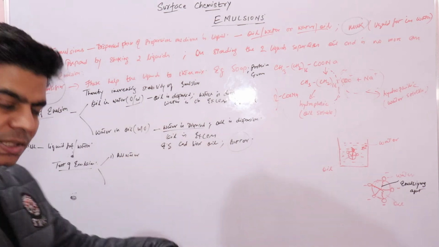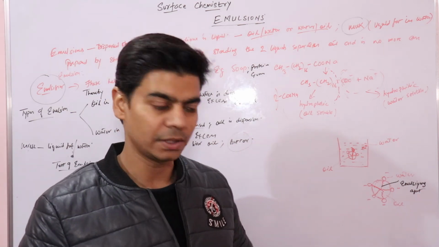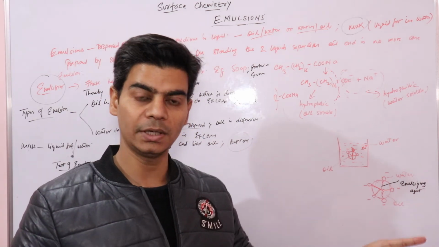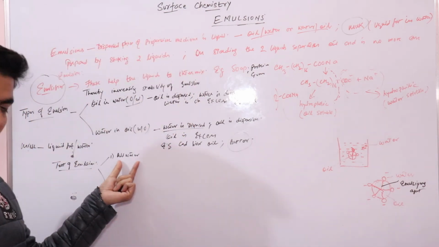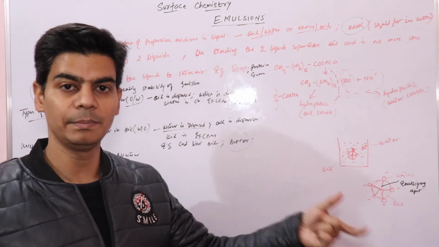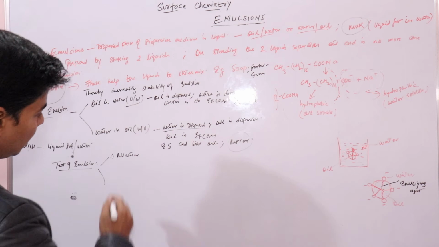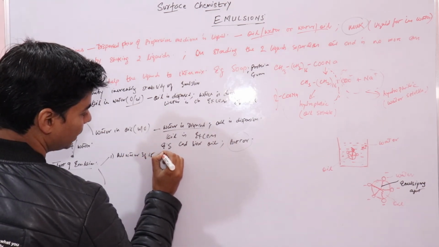If water mixes well, that means it is an oil in water emulsion, because in an oil in water emulsion we have water in excess. So if you add water to it, it will easily mix because water is in excess, right?